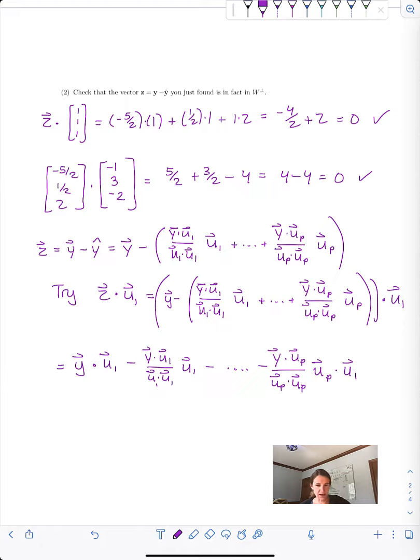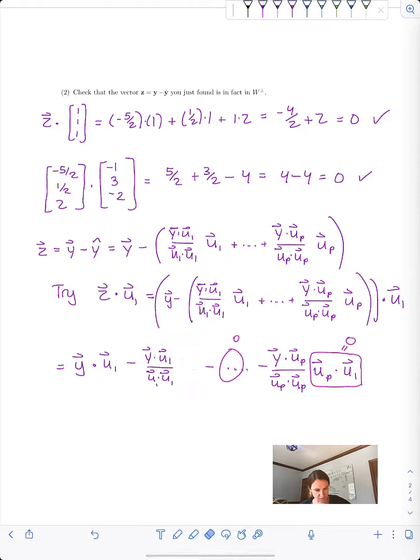And the thing is that because this basis is orthogonal, these dot products are zeros. And so all of them are zeros except for that very first one. But here, I forgot to actually do the dot product there.